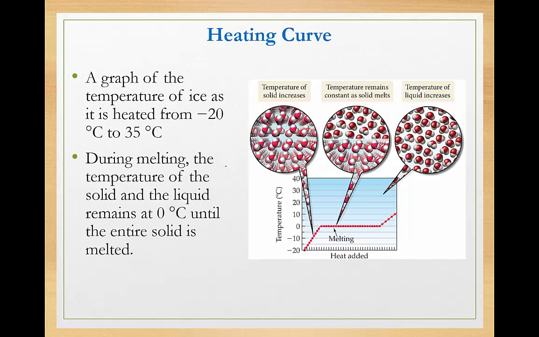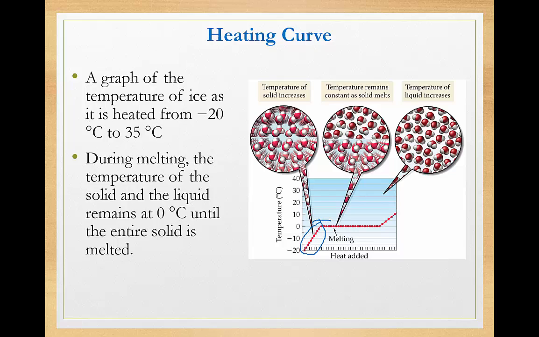So if we look at our heating curve, it looks very, very similar to the one we saw for the boiling or vaporization process. But the only thing that changes really are the temperatures. So again, notice we've got, from this minus 20 degrees, so we have ice that's very, very cold at minus 20 degrees. We pump heat into it, and the temperature increases with heat until we reach 0 degrees.